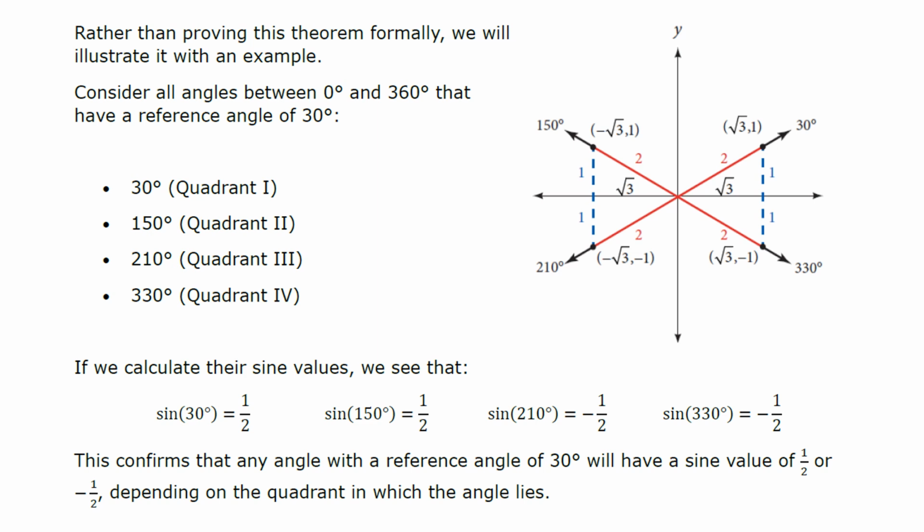The sine of 210 would be negative 1/2, and the sine of 330 would be negative 1/2. So this confirms that any angle with a reference of 30 degrees will have a sine value of either 1/2 or negative 1/2, depending on the quadrant in which the angle lies.